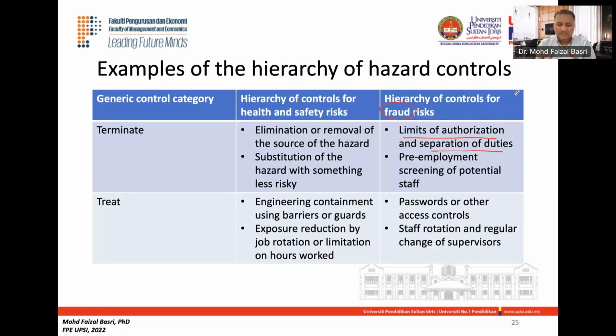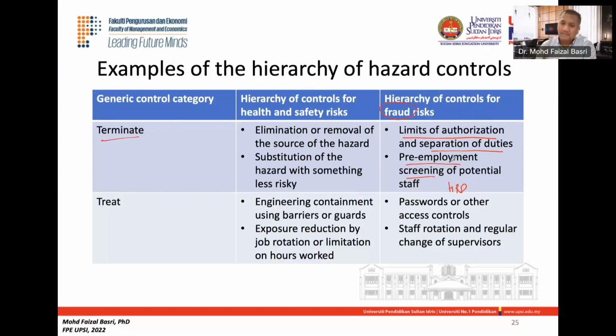So they put certain measures in place in order to terminate the activities. Again, another example: the human resource department, HRD, can terminate the risk with regards to employing new staff. How do we avoid selecting the wrong or inefficient employees? They can use pre-employment screening.